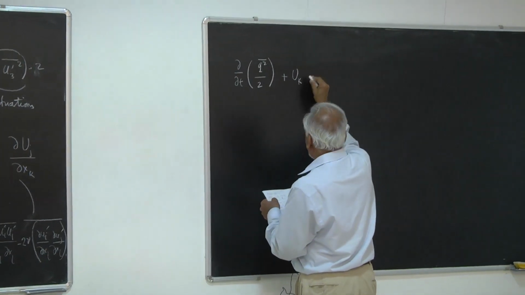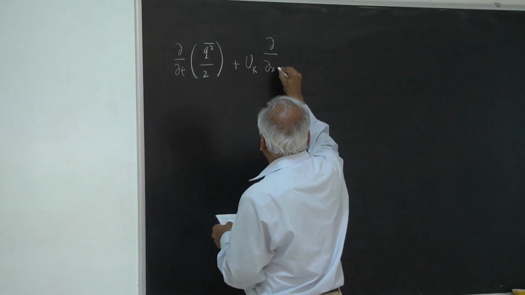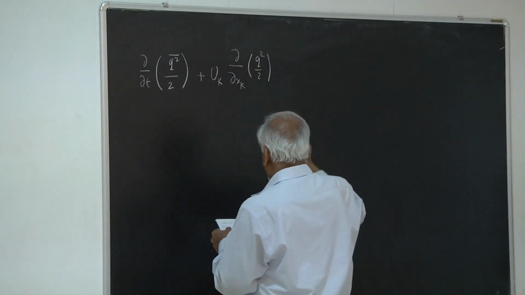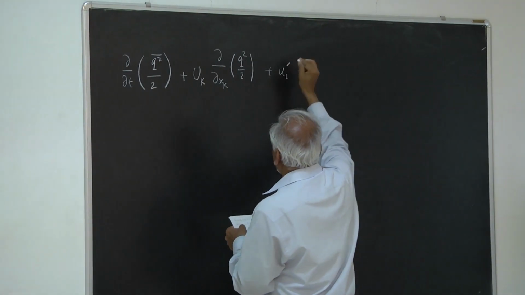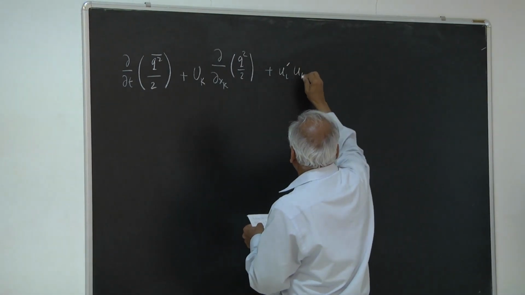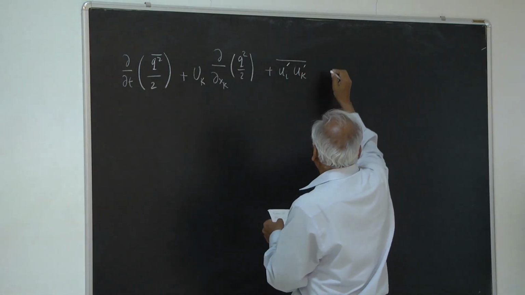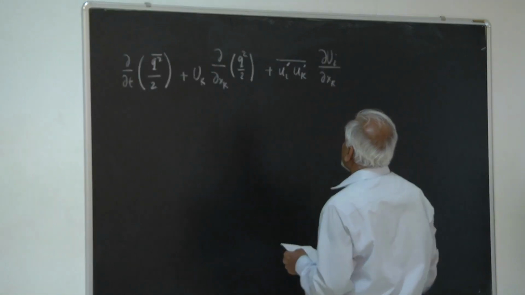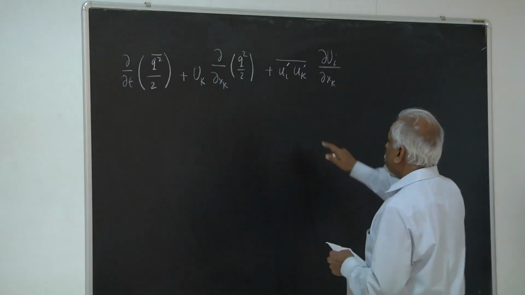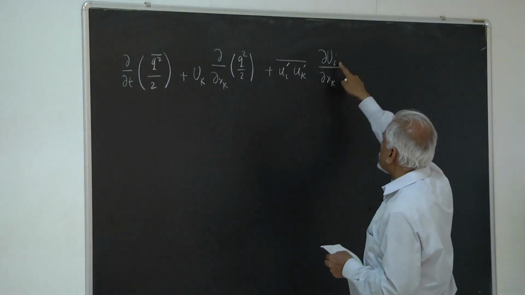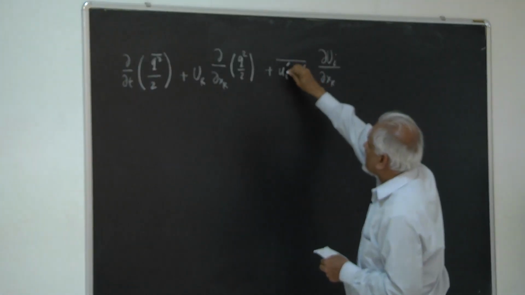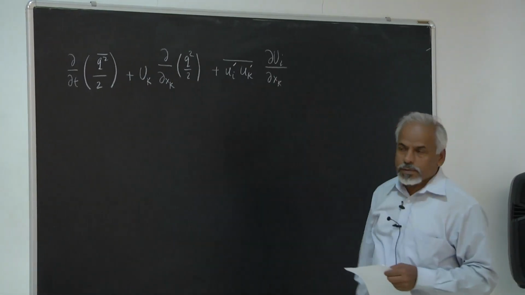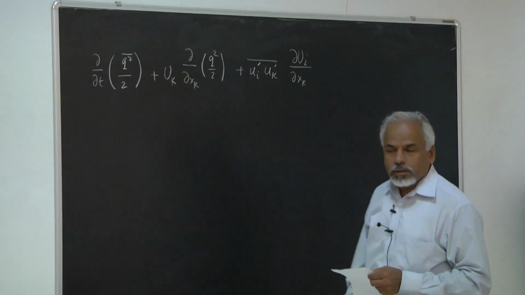So uk d by dxk of q squared by 2 plus ui prime uk prime dUi/dxk. Now, you see here there are two indices, i and k, so you have to repeat them, and then each symbol becomes irrelevant, and I have just a scalar quantity.